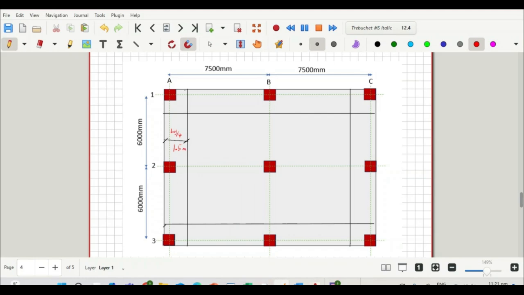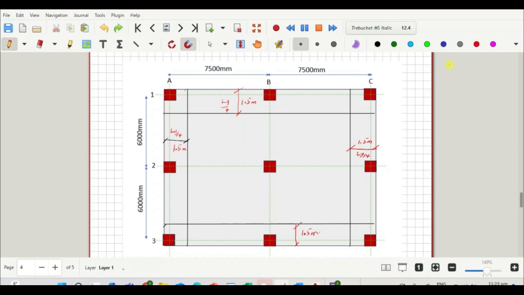And it's the same throughout. This dimension is also LY over 4, so the width of this column strip again is the same, 1.5 meters. If we consider this other column strip, it is the same 1.5 meters, LY on 4. It's the same at the bottom here.